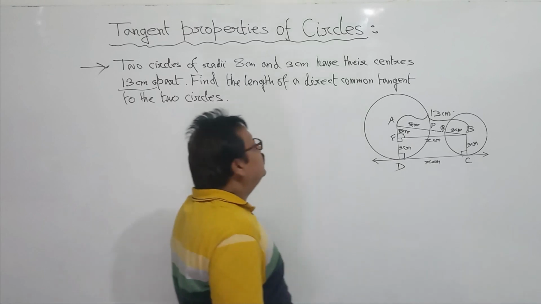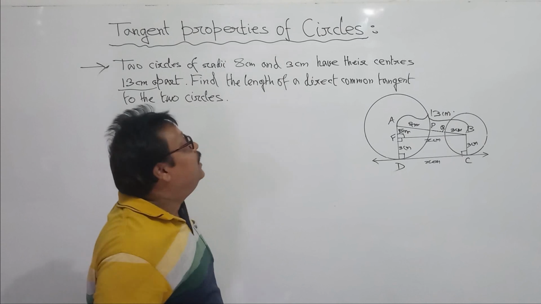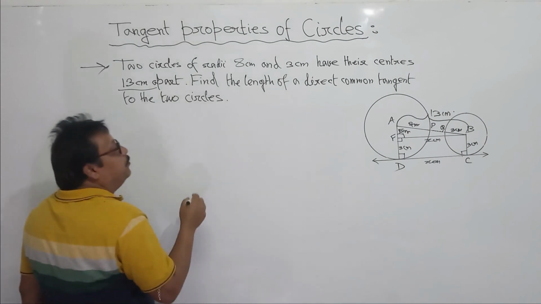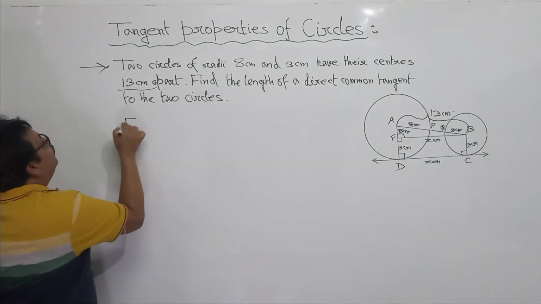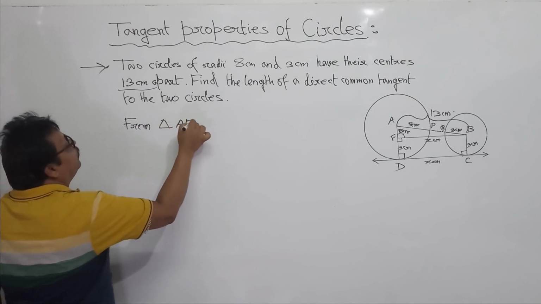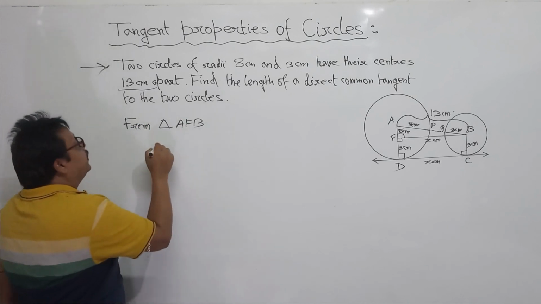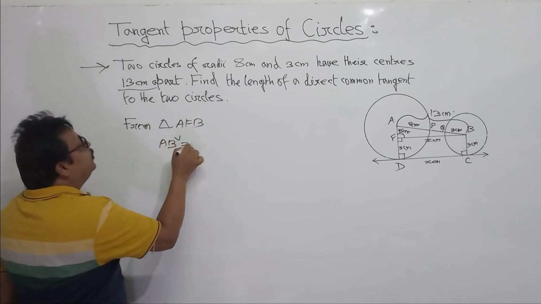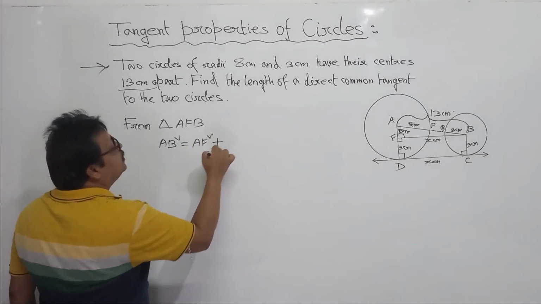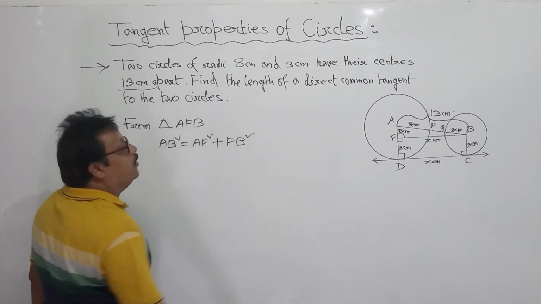Now, which theorem can you use here for the right angle triangle? Correct? Pythagoras theorem. Now, from the triangle AFB, write down, AB square equal to AF square plus FB square.